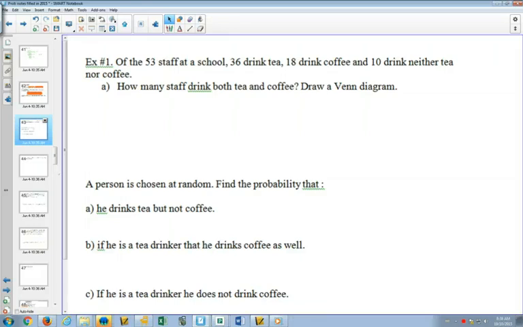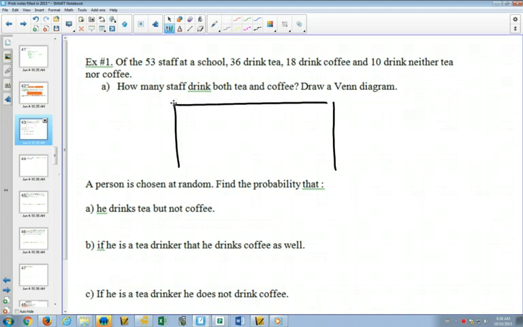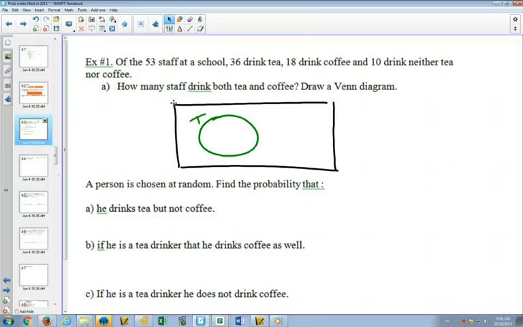So here we've got our first example. 53 staff at a school, 36 drink tea, 18 drink coffee, and 10 drink neither. So I'm going to draw my tea circle in green. I guess it's green tea. Coffee is going to be black.